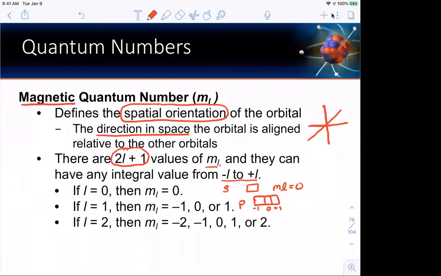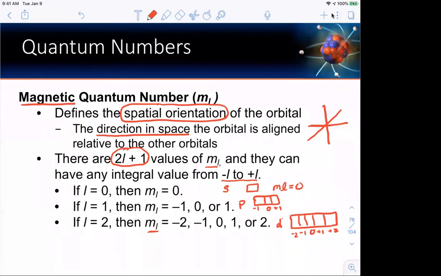If L equals 2, this would be the d orbitals. I have 5 d orbitals, and I'm drawing these orbitals like boxes. The center is always 0. Then I just count up, +1, +2, -1, -2. So when I look at it in that context, my possible m sub L values for any d orbital are between -2 and +2.